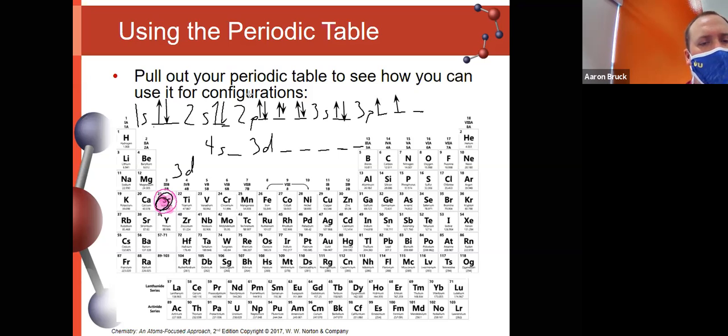But you're going to fill up all of the orbitals until you get to that 3d sublevel. For the 3d sublevel, now we need to look at scandium's position. Scandium is the first electron in that sublevel, so it is the only electron in that sublevel. And by convention, it is spin up and in that first slot. And so that's all that we needed to do.